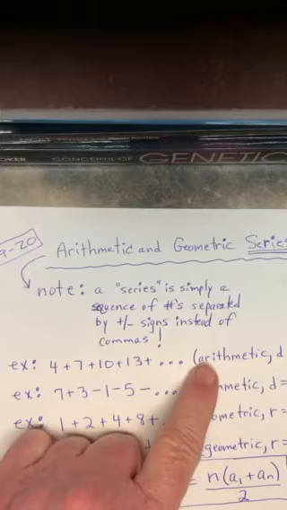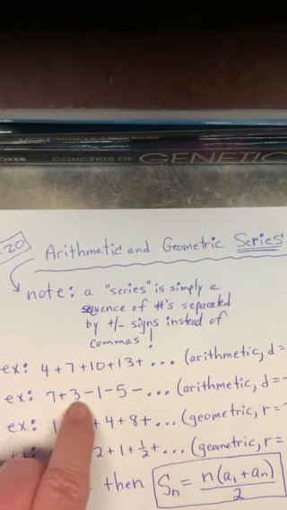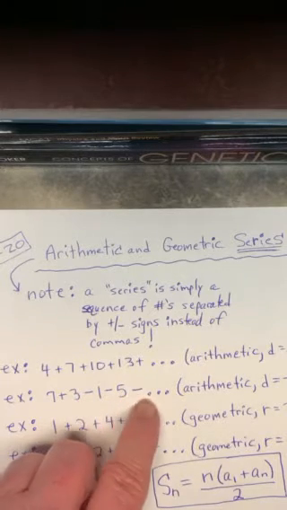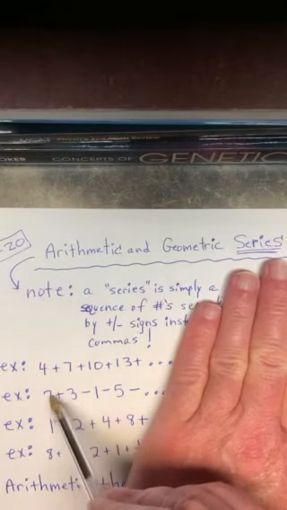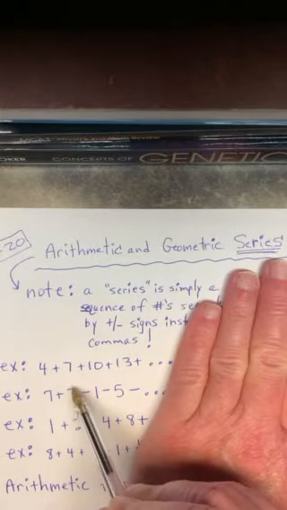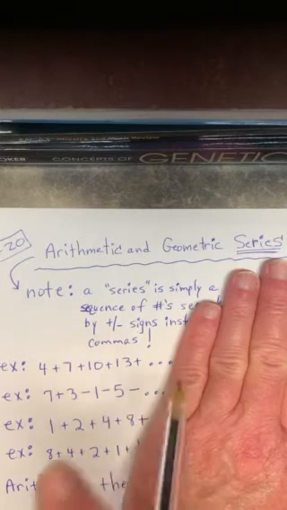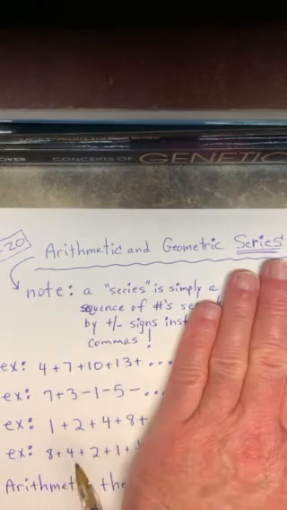All right, and then my second example says 7 plus 3, then it goes to -1, -5, etc. Now, if I said, what's the pattern there? Remember, you never say subtracting, do you? You don't say they're subtracting 4 each time. On an arithmetic sequence, you were taught you're always adding the common difference.